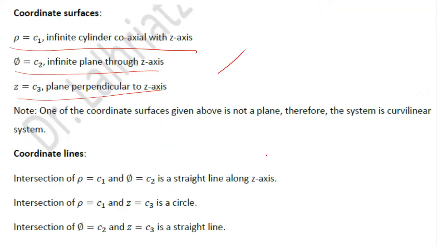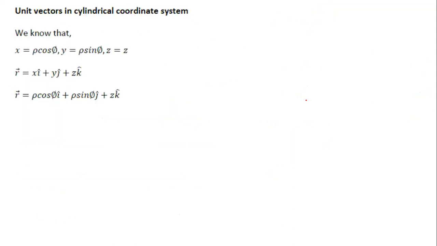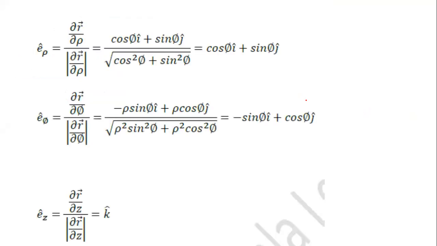So we have discussed the coordinate surfaces and the coordinate lines. Now, in order to get the unit vectors, simply you have to differentiate this tangential vector, del r upon del rho, divided by the scale factor, the magnitude. If you remember how we discussed getting the scale factor, this is what you are going to get.